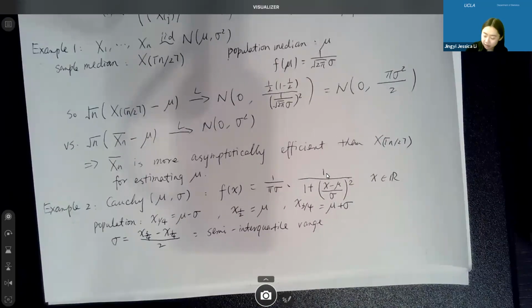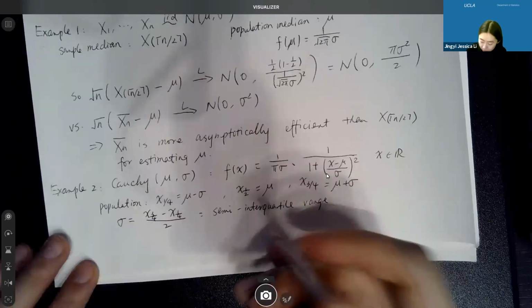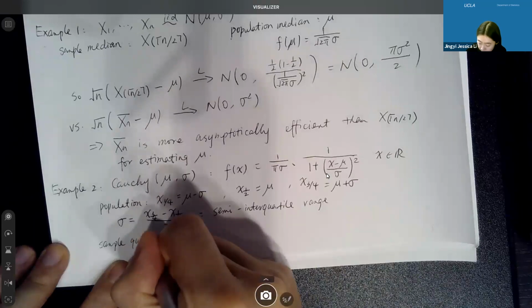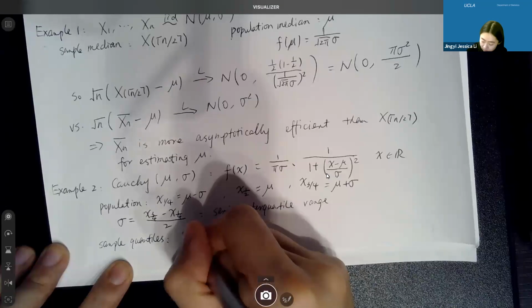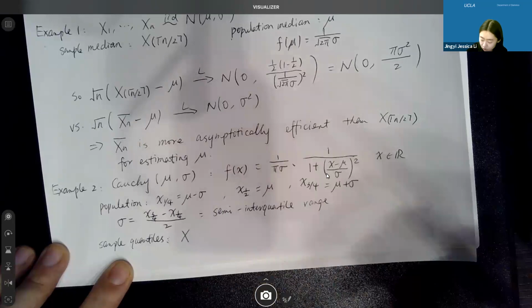So therefore, to estimate sigma, a very natural thinking is to replace the population quartiles here by the sample quartiles. Then that will be a natural estimator, right? So in order to do that, we are going to consider the sample quantiles, which is basically from our sample x1, x2, xn from this Cauchy distribution.